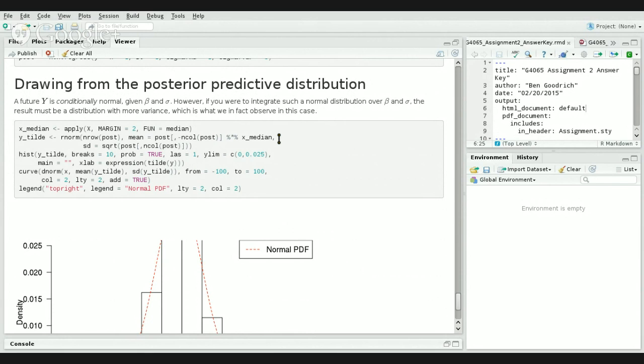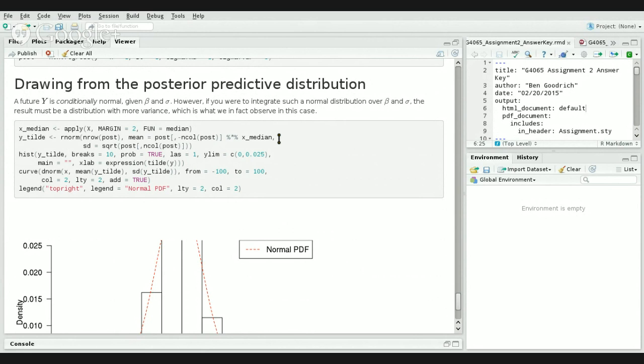So we have a matrix of posterior draws that's like 10,000 rows and 11 columns or something like that. And so in order to get a vector of length 10,000, we're just going to post multiply that by the x median vector. And then for the standard deviation of this univariate normal distribution, we're just going to use the square root of the draws of the posterior error variance. And so now y tilde is a vector of length 10,000.